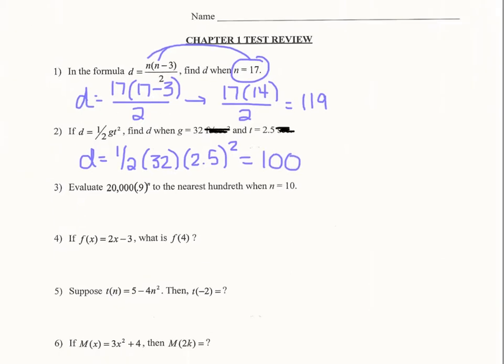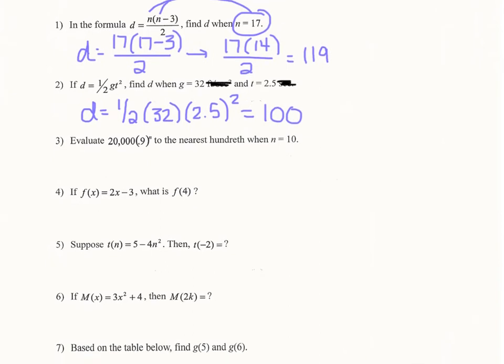Okay, moving on. Same kind of thing with number 3. Evaluate 20,000 times 0.9 to the power of n when n equals 10. So in my calculator, and this is a question I got a lot, you want to do 20,000 times 0.9 to the power of 10. And in your calculator, the button you want to hit to go to the power looks like this.